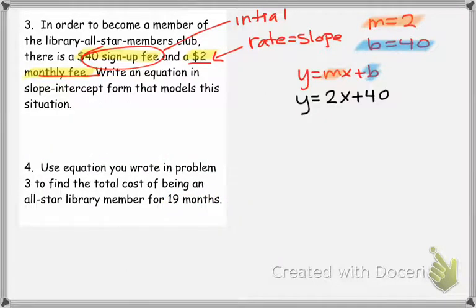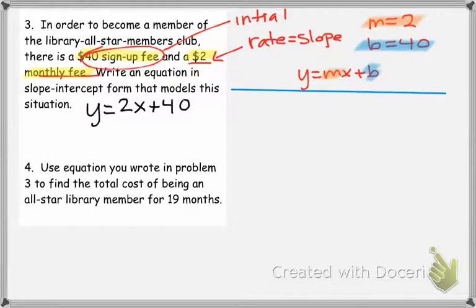This equation right here, we're going to go ahead and move it over here, okay? So we got y equals, what was it? 2x plus 40. All right, let's see where our rate is. Okay, so we know it's $2 per month.